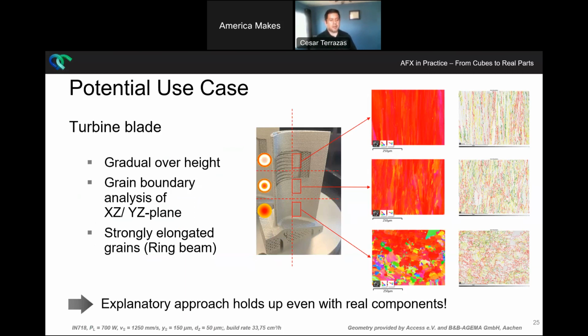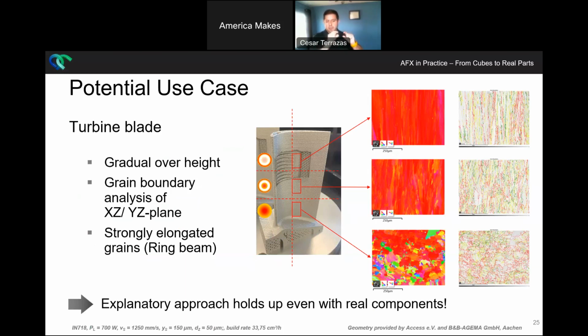They did cut-ups, right, and indeed, you see the behavior that was explained before. You still have directionality of growth towards the higher emission modes, mode 6 and 3, and then more of an equiaxed behavior in mode 0. So the main thing to capture from this slide is that it's not only for cubes, and not only on tensile specimens, which has been the limitation of most research studies.